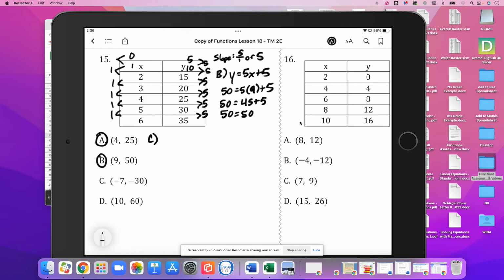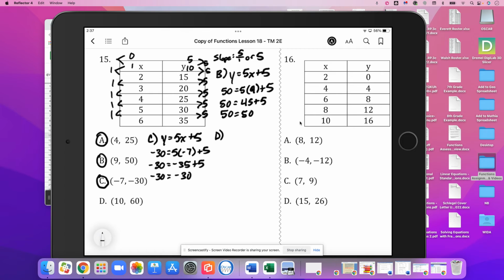C, y equals 5x plus 5. -30 is equal to 5 times -7 plus 5. -30 is equal to -35 plus 5. -30 is equal to -30. So yes, C satisfies the function.